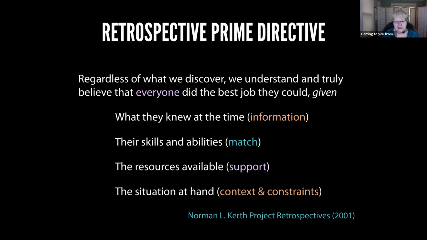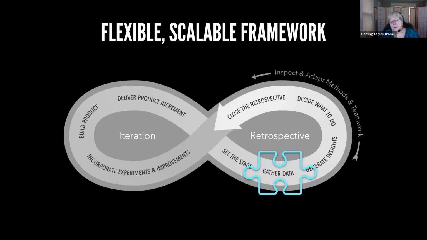There will be no judging in this retrospective. We are going to investigate why anybody's job wasn't adequate to what happened, if that is the case. So once we've got some of those things out of the way, we've set the stage, people are ready to move forward working together into the retrospective.